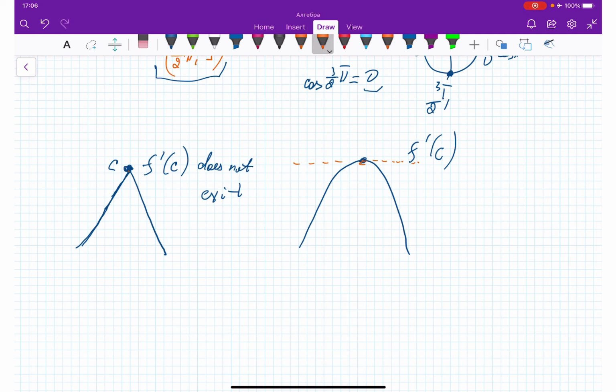Okay. So what can we conclude from here? That if f of x has a relative minimum or relative maximum at the point x equals c, then c is a critical number of f.